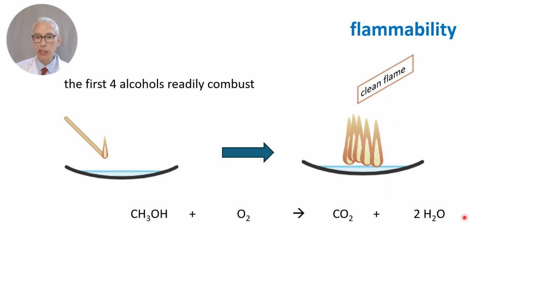You're also expected to produce a balanced chemical equation for the combustion. So methanol and oxygen, the 2 expected products, carbon dioxide and water for complete combustion. But unlike hydrocarbons, when we come to balancing for oxygen, there's already an oxygen in the formula of the alcohol.